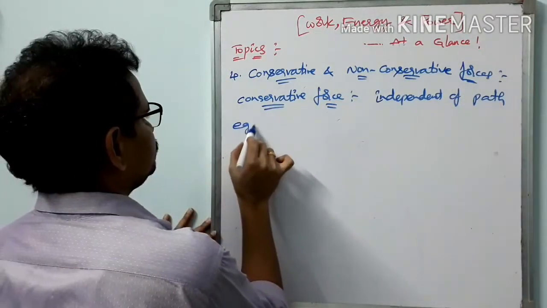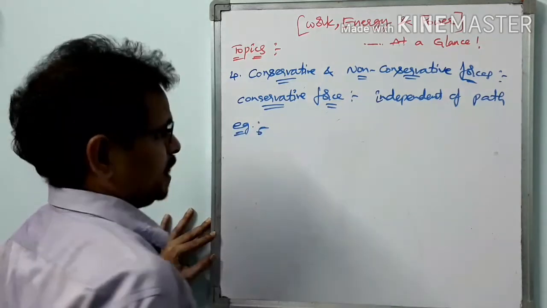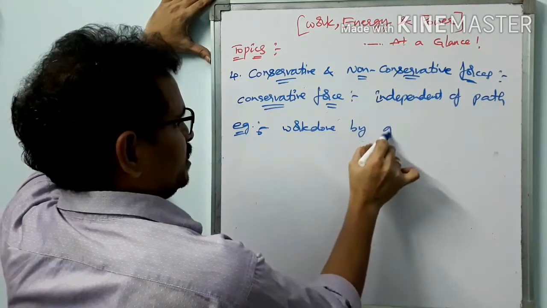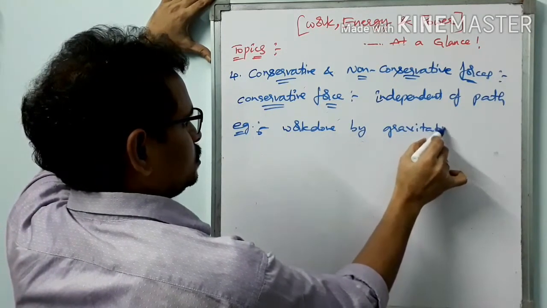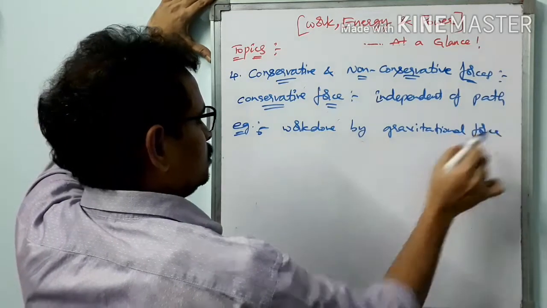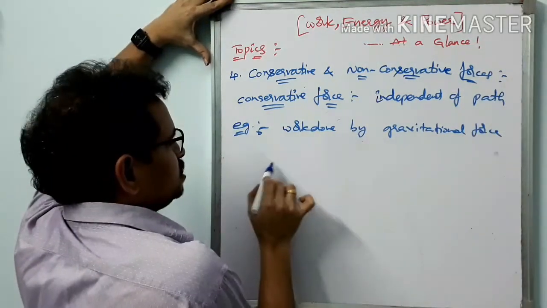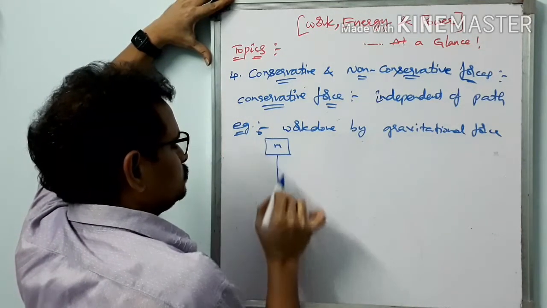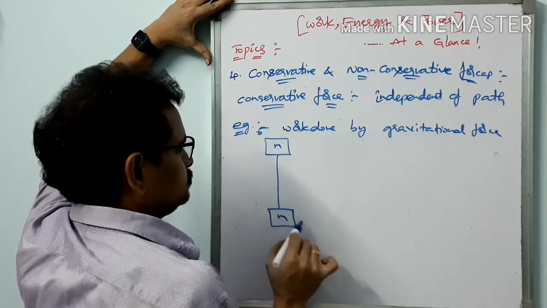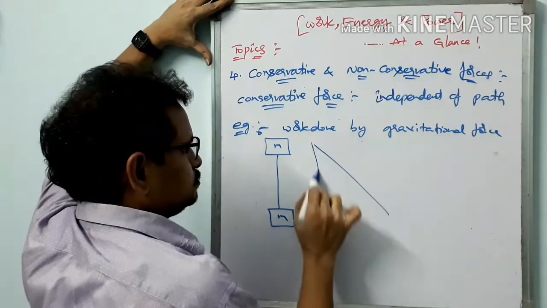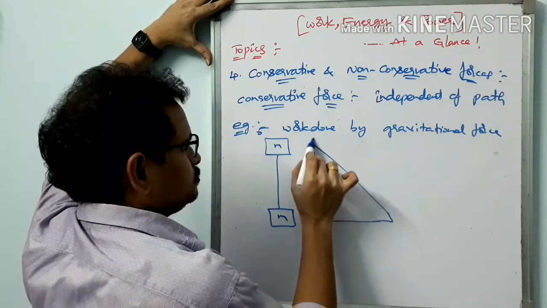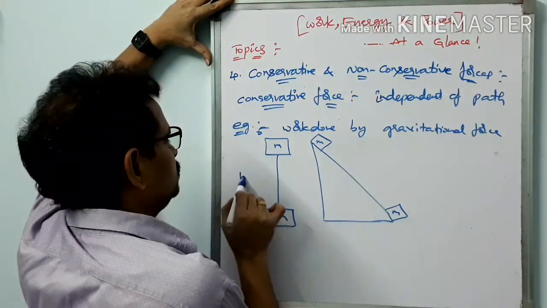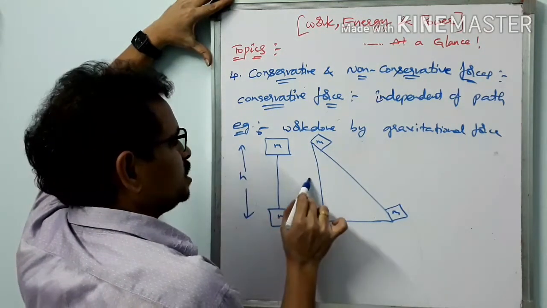Example: work done by gravitational force. Let us take three examples here, where the vertical height is h.